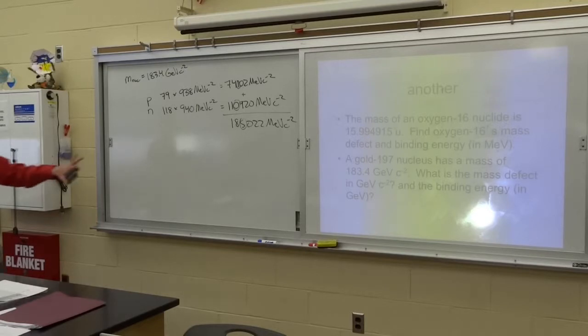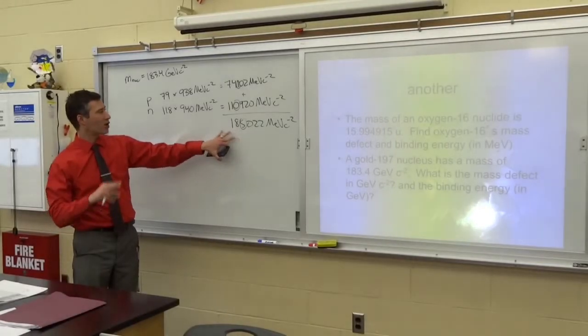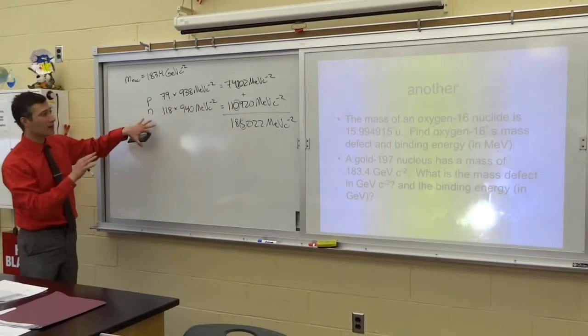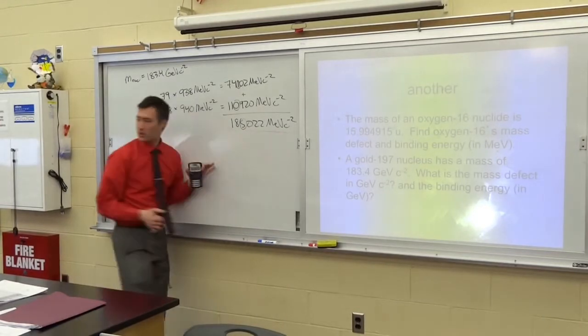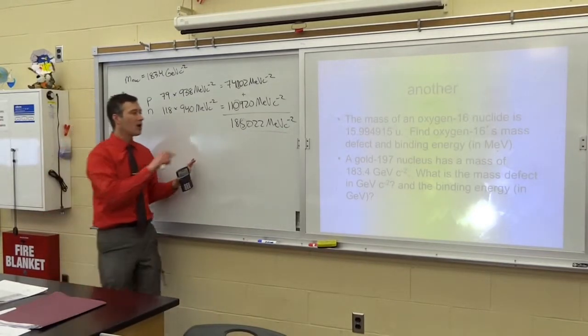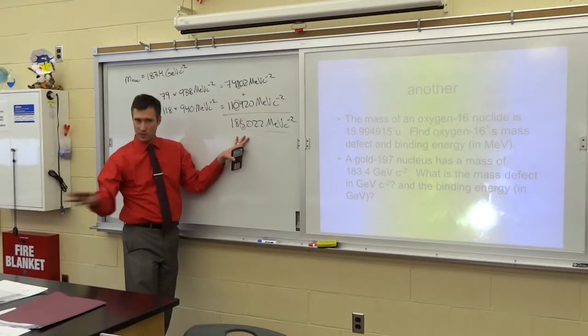All right, so you guys, why don't we review it for a sec? So all I did so far was add up the mass of my 197 individual nucleons, and I didn't convert it into giga electron volts per c squared, but did you guys get something resembling that for the total mass? Yes? All right.